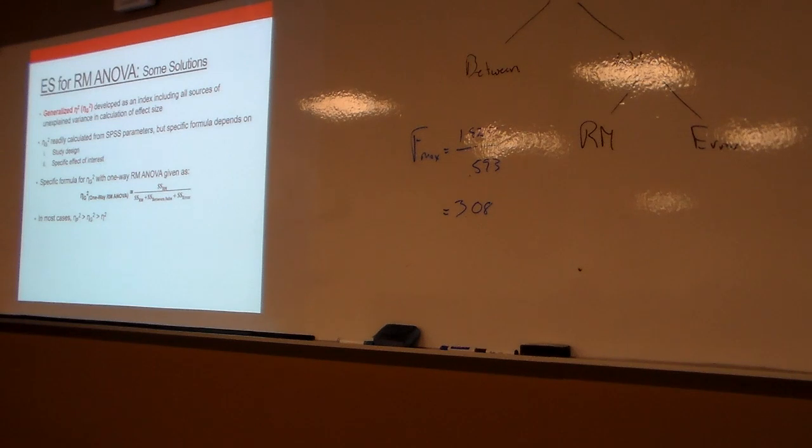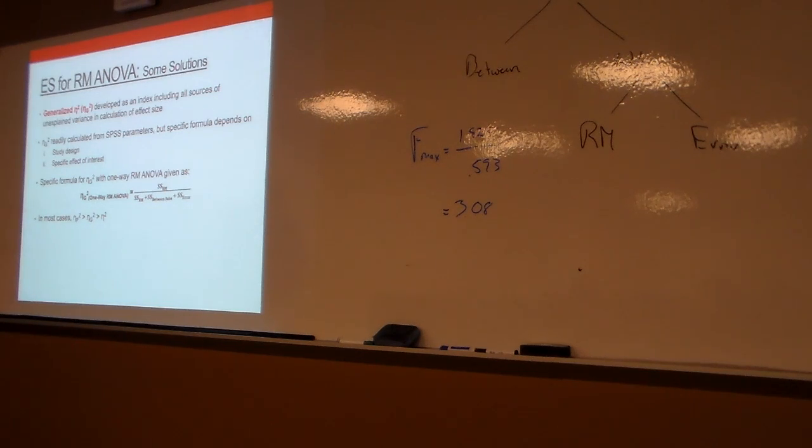So either vignette or time in our two examples. We're going to take that over the top of sum of squares from your repeated measure, sum of squares from your between, and your sum of squares from your error term, which is your repeated measure. And so now what we've done is we've taken all of that variability and then gone through to calculate generalized eta squared for the one-way design.